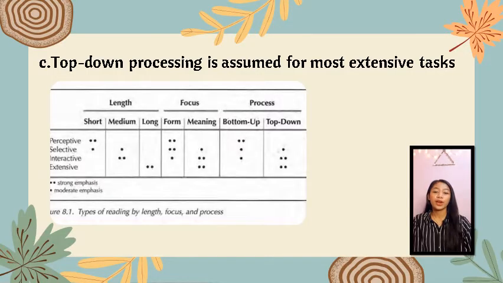Extensive reading uses a top-down process for most extensive tasks. And in this table, you can see there are four types of reading, and by the length, process, and focus may be used.